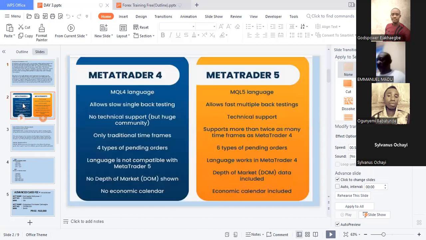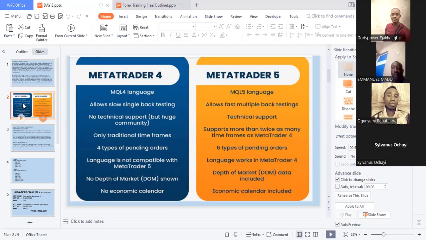Now, look at my screen. There are 2 parts, MetaTrader 4 and 5. Presently, what we have is MetaTrader 4 and 5. Like I said, maybe someday MetaTrader 6 will be designed. But what is the difference between MetaTrader 4 and 5? Number one key difference I would like to talk about is MetaTrader 4 has 4 pending orders, MetaTrader 5 has 6 pending orders.